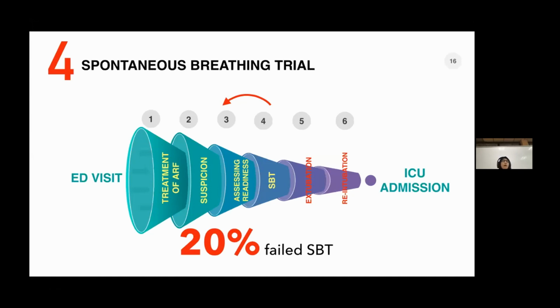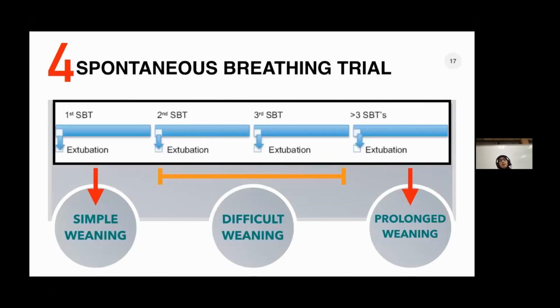Out of 5 patients that went for SBT, 1 of them will fail SBT. So it's actually quite high. That's the reason why the selection of patient and the stages must be followed very accurately, right?